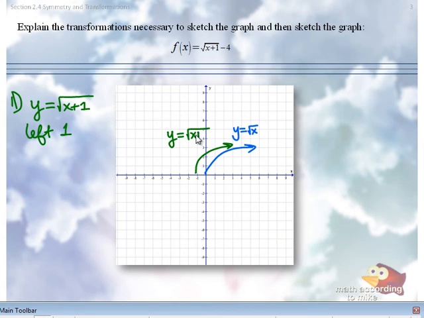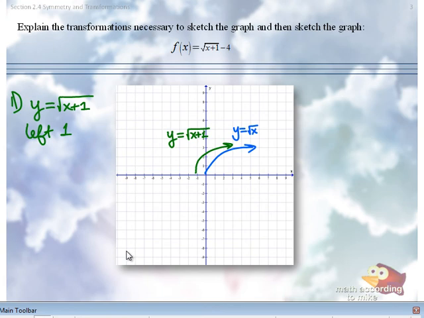X plus 1. By adding 1 to the variable, what you're really doing is you're subtracting 1 from the coordinates. So think about it. Where this graph began was 0, 0. So what number would you have to put in for x to get a y value of 0? Negative 1.